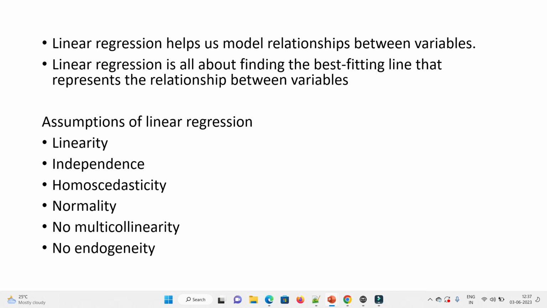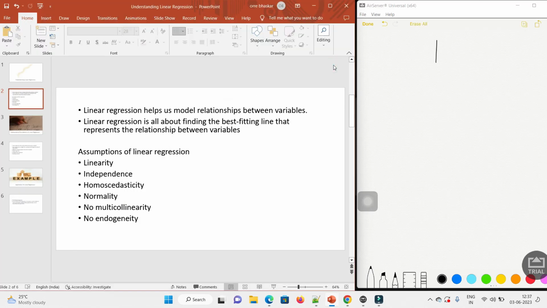Before the assumptions, let me take you through this example. So the linear regression is nothing but a straight line in simple terms. For example, y equal to mx plus c. It's just a straight line. That means if you draw a graph, it's this line.